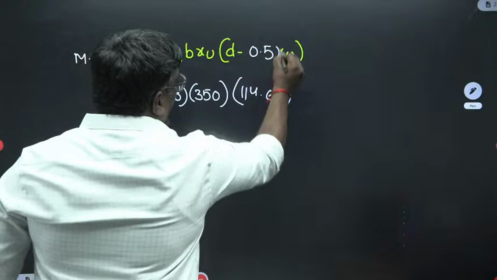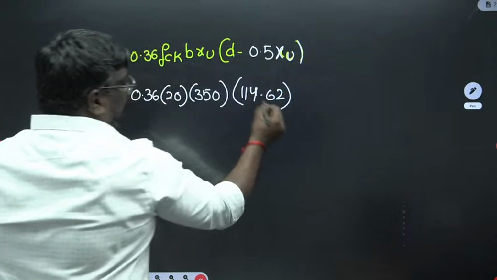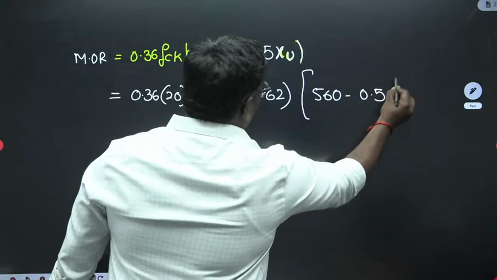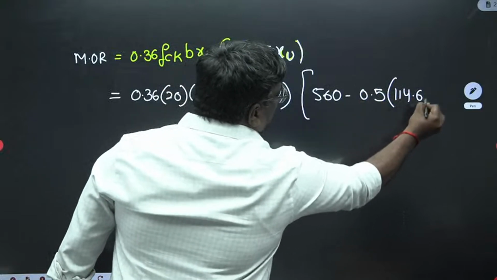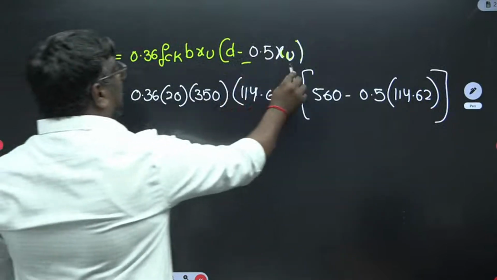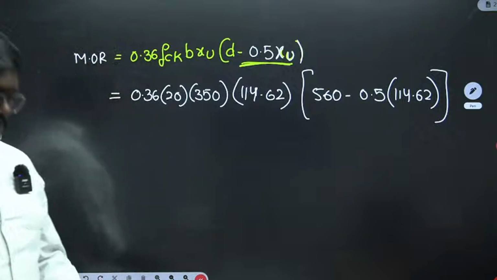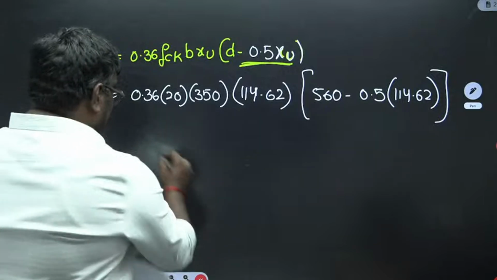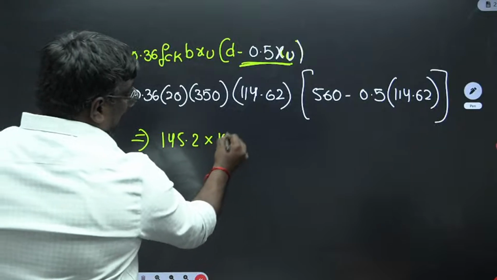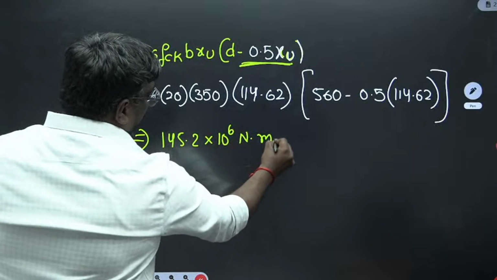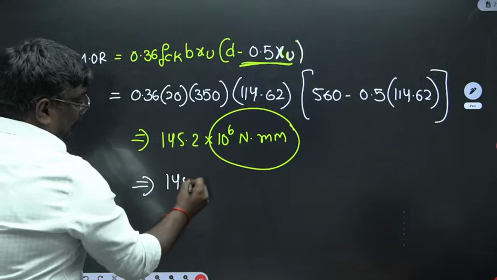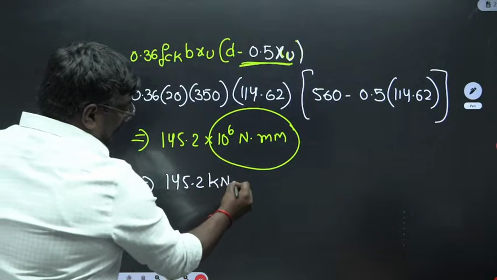It is 0.5 xu. So 114.62 into 560 minus 0.5 into 114.62. This is the common mistake everyone will make because we are habituated with 0.42, but in the data it was given as 0.5 xu. If you solve this, you will get a value of 145.2 into 10 power 6 Newton mm. This can be converted into 145.2 kilonewton meter. I hope you are clear, my dear students.